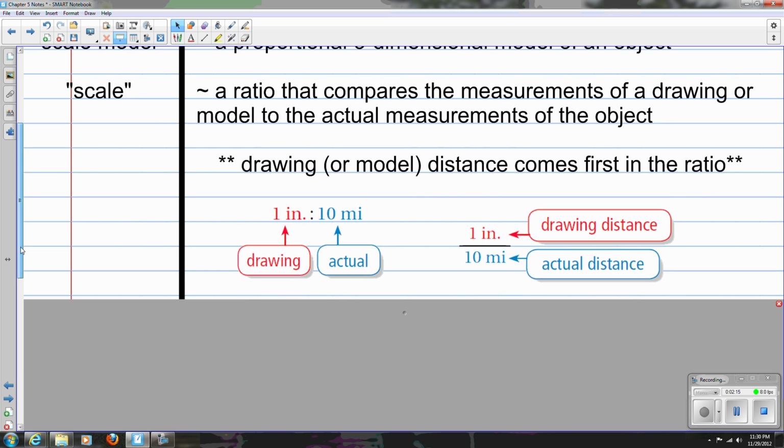You can see that they have the drawing distance first and then the actual distance. Whether you write your ratio in this form with a colon, or if you write your ratio in this form with a fraction bar, we would do the drawing distance on the top and the actual distance on the bottom. Remember that we read fractions from the top to the bottom. So the drawing distance comes first and the actual distance comes second.